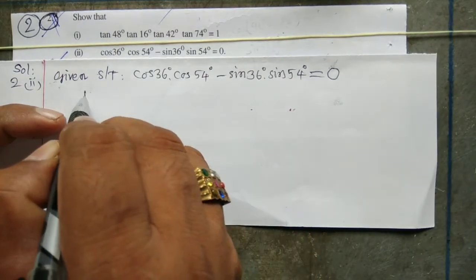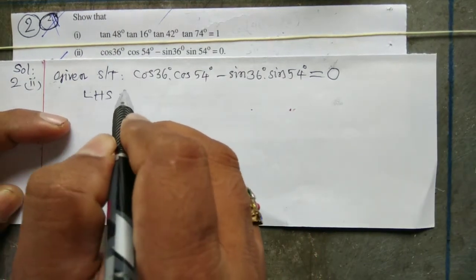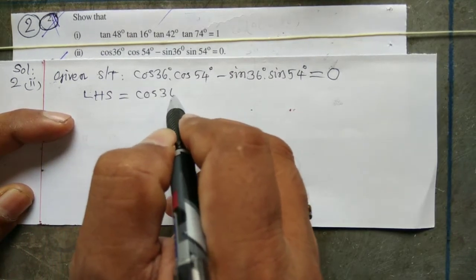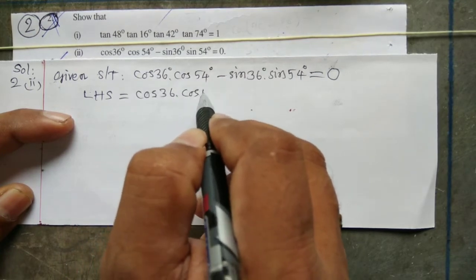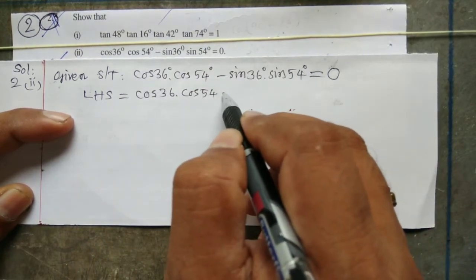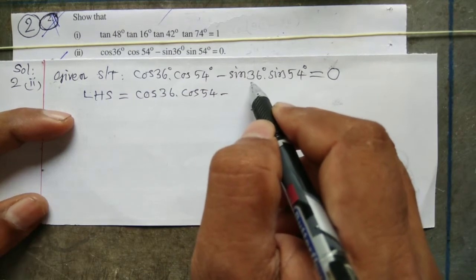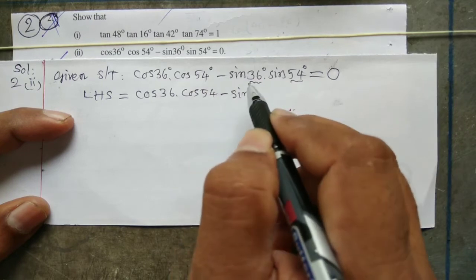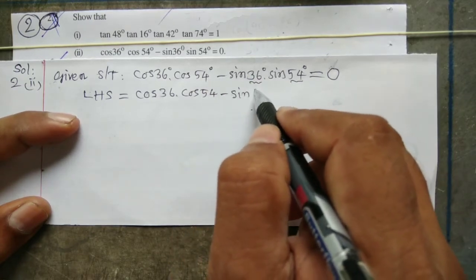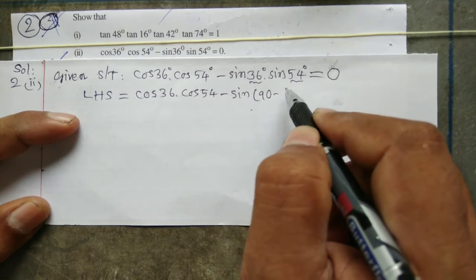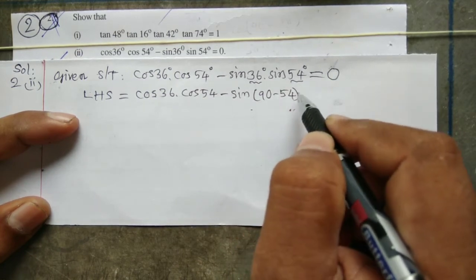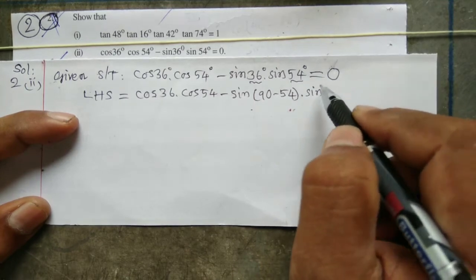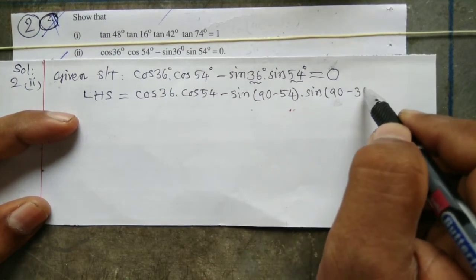Here LHS is equal to cos 36 cos 54. Just I will change these angles: sin 90 minus 54, sin 90 minus 36.